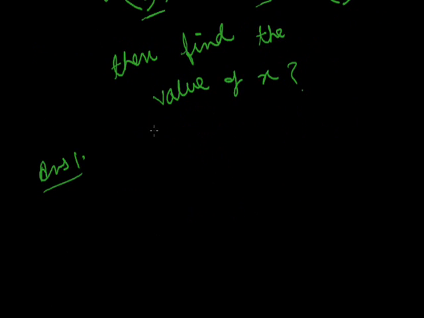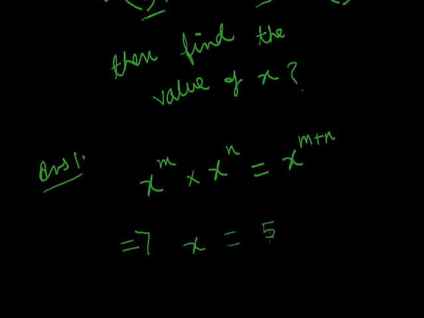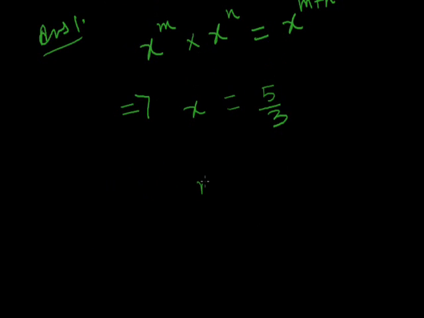So according to the first law of exponents, when the base is the same, x to the power m multiplied by x to the power n is equal to x to the power m plus n. Here x is 5/3, and the powers are minus 5 and minus 11.